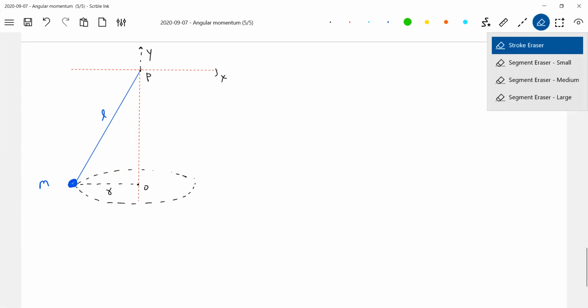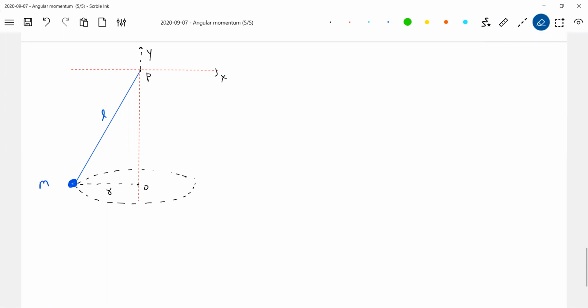And now I want the angular momentum of this bob about the axis passing through point P and also about the axis passing through point O. What is the speed of that?